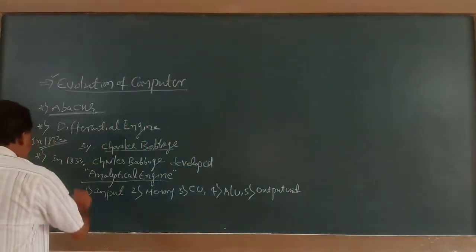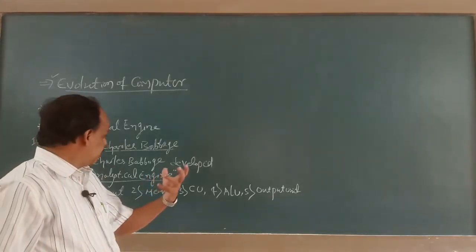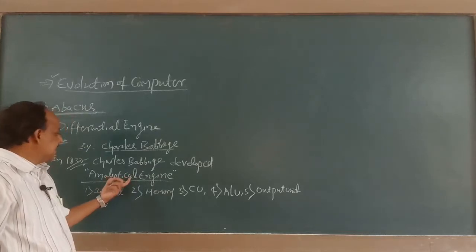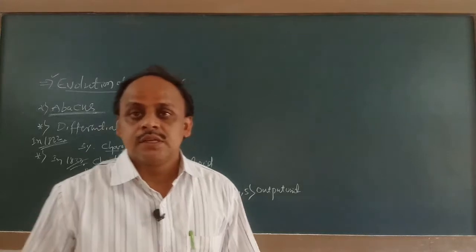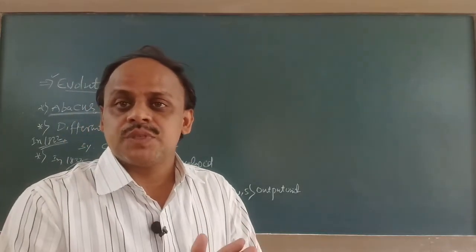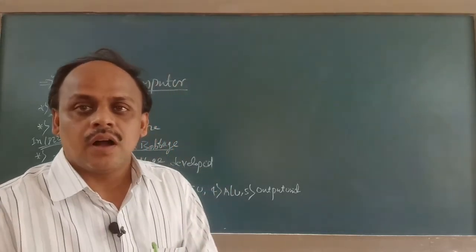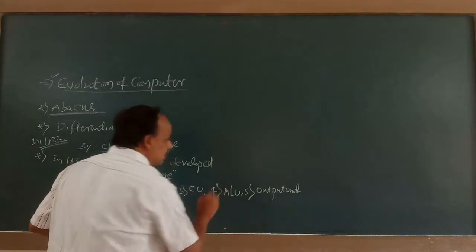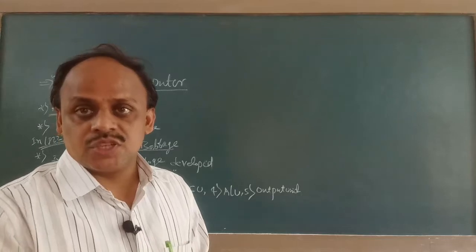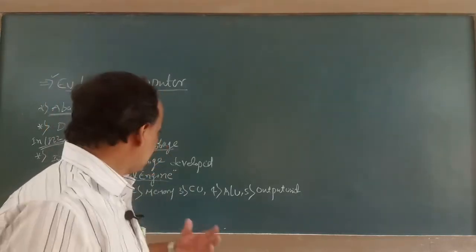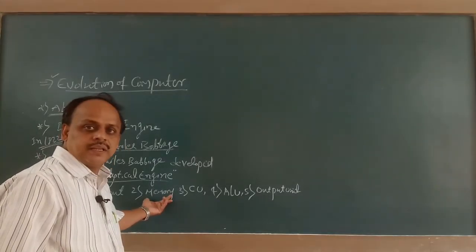So when Charles Babbage in 1833 developed the analytical engine, it contained these 5 functional units. So the systems or laptops we are using at present are also working on the basis of these 5 functional units only.